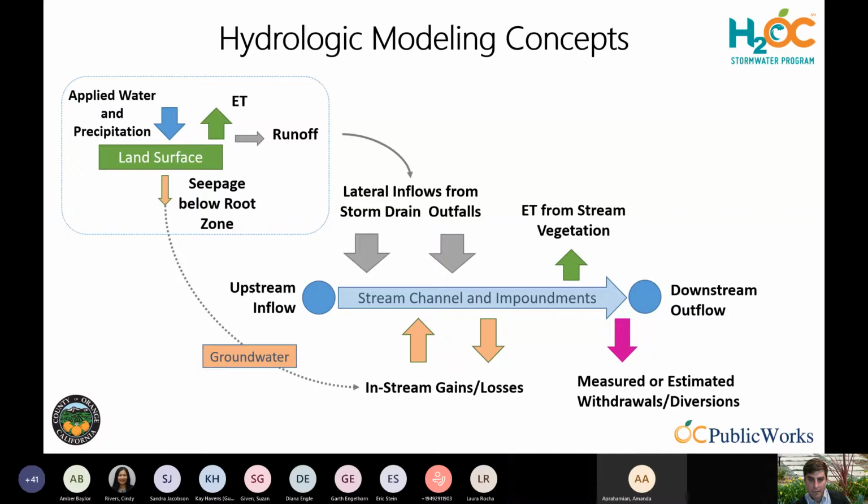And once it's in the stream, it can be lost to evapotranspiration, or it can be withdrawn at specific flow diversion locations where those exist. And so through each subbasin, water gets added and subtracted and routed into downstream elements.